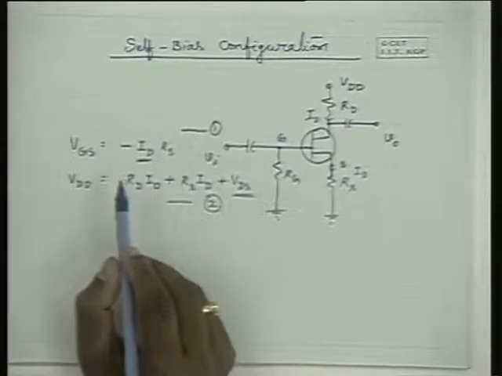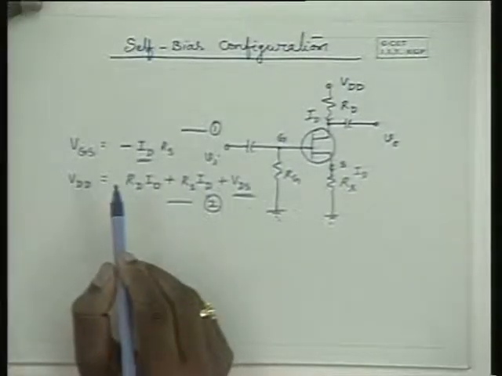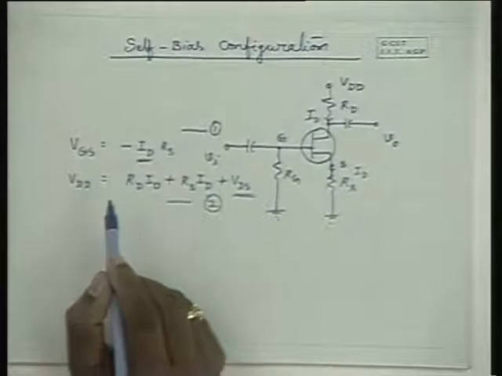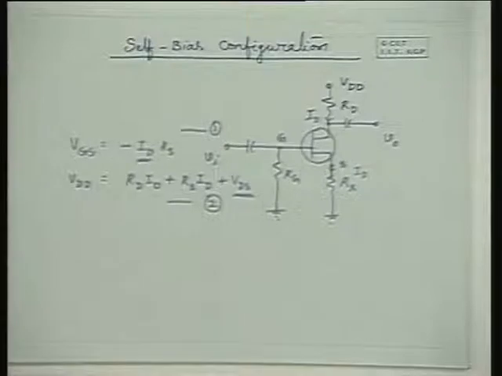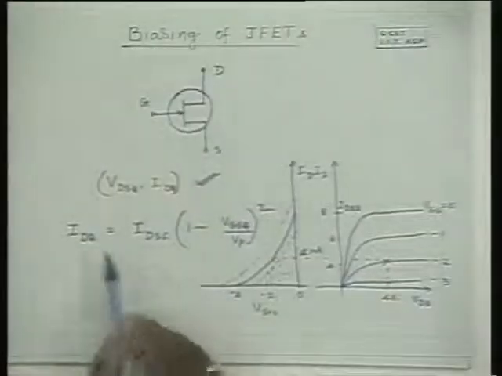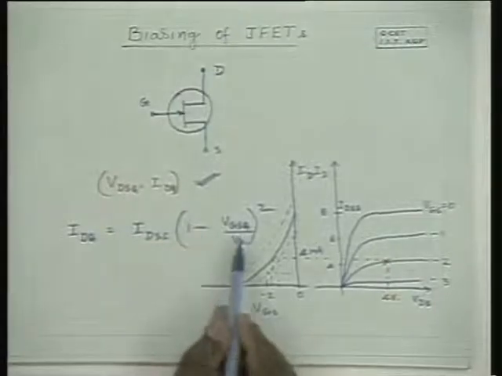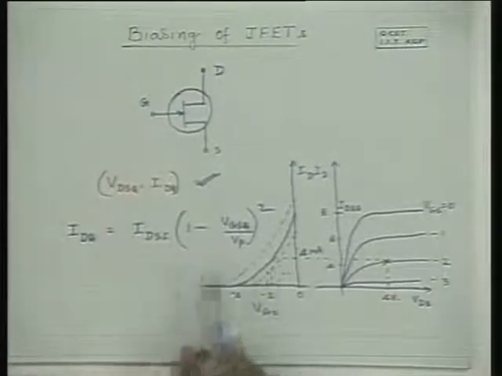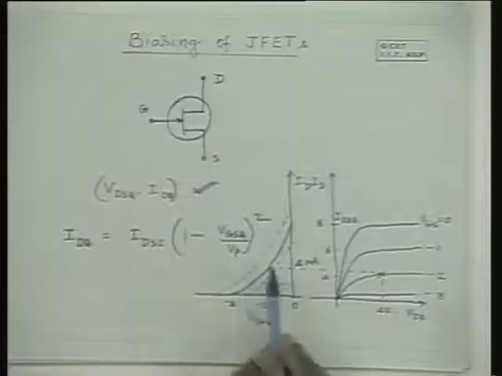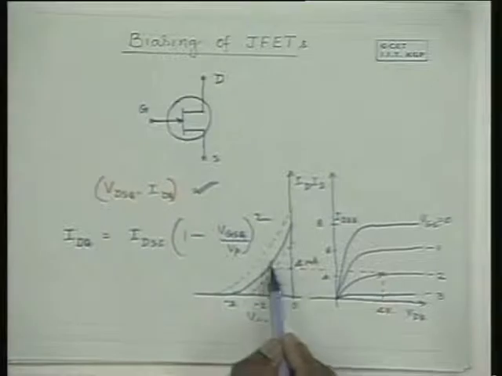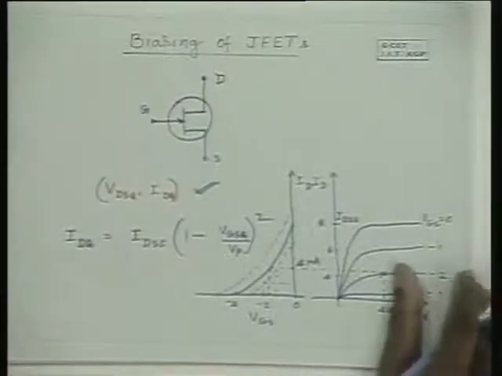You have the third equation, that is the equation that describes the transfer characteristics. This equation, IDQ is equal to IDSS into 1 minus VGSQ by VP whole square. So this equation is also to be used there to solve these two equations, or alternatively we can use the transfer characteristics to solve this equation.